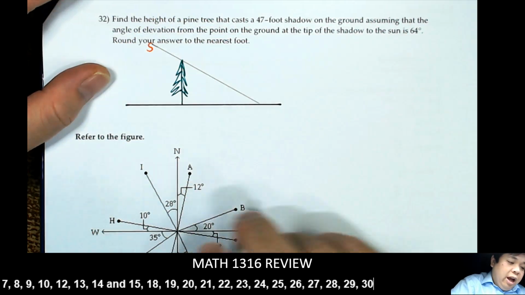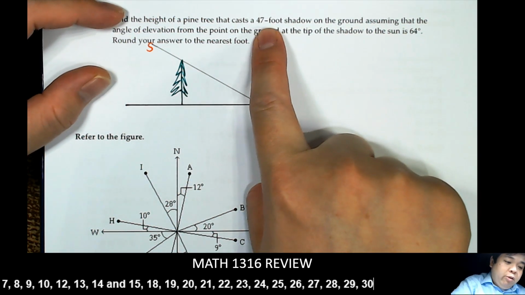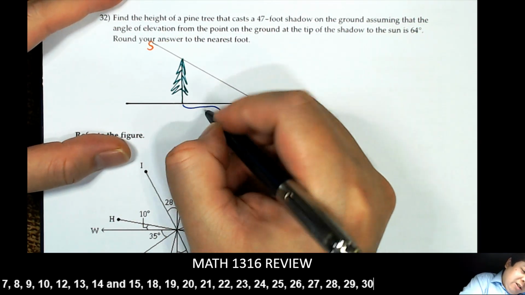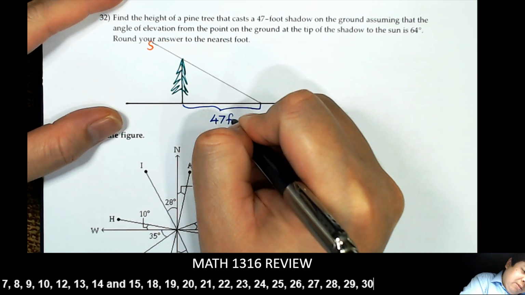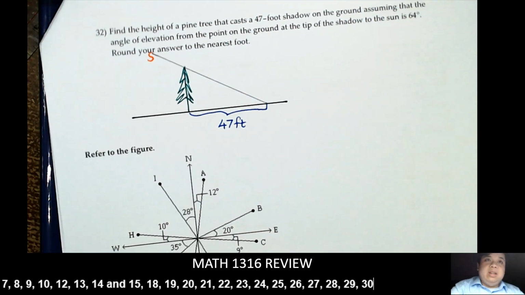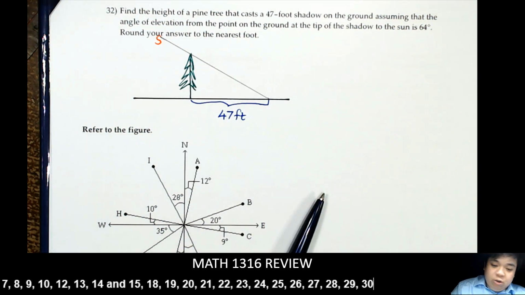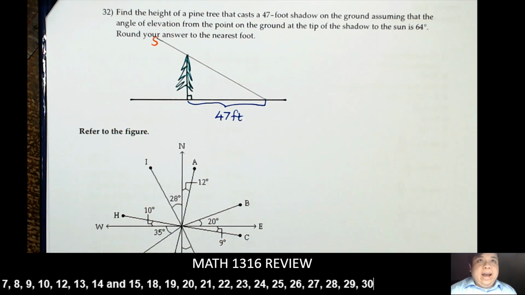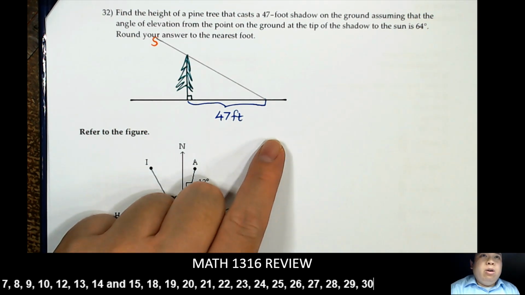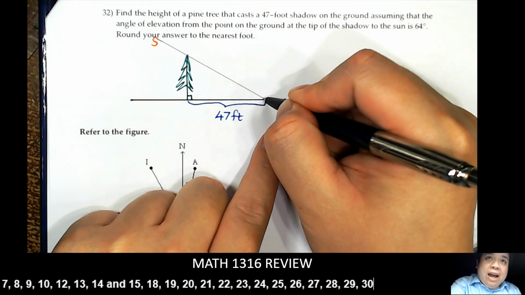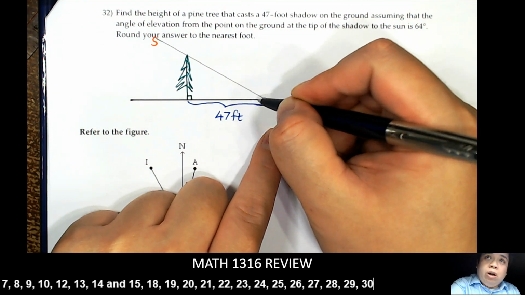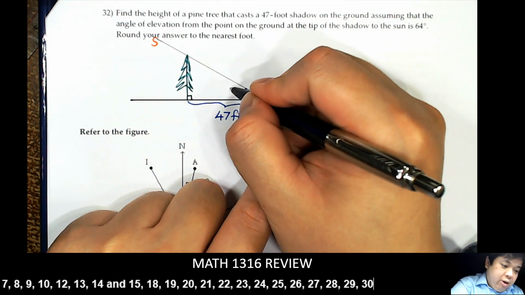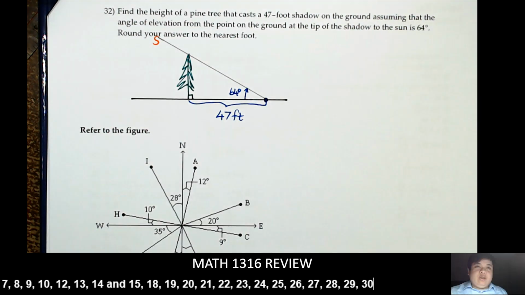Cast a shadow, and the shadow is 47 feet there. We assume the pine tree grows perfectly vertical, and the angle of elevation from the point on the ground at the tip of the shadow. So we go from this point, and the angle of elevation is 64 degrees. I didn't draw very well, but at least that's what we have.